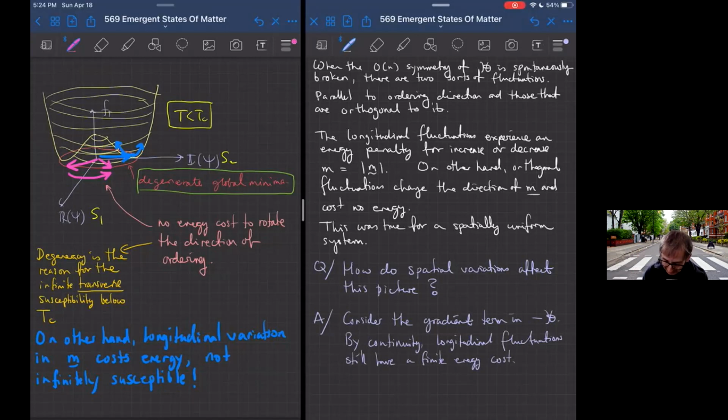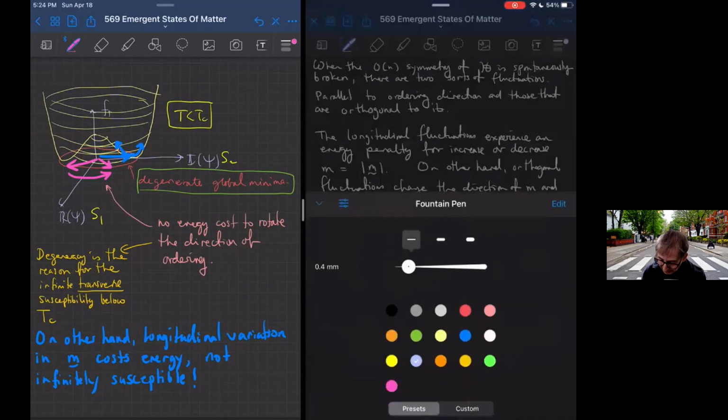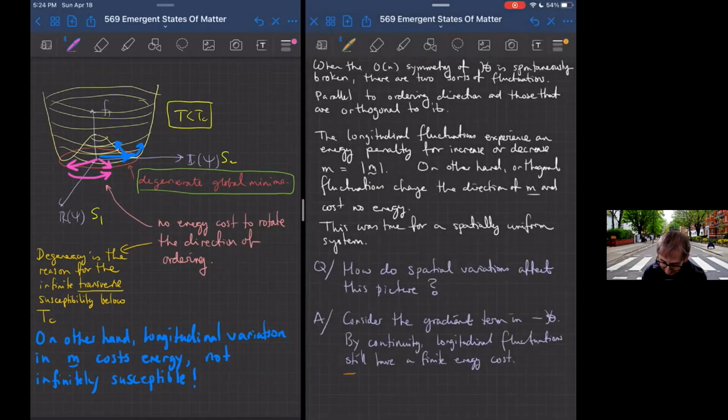On the other hand, the transverse fluctuations will now have an energy cost, and that energy cost is going to be proportional to grad s squared.